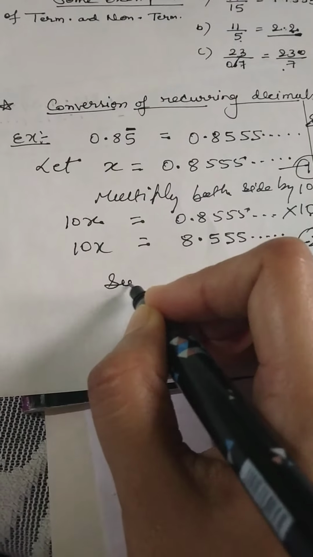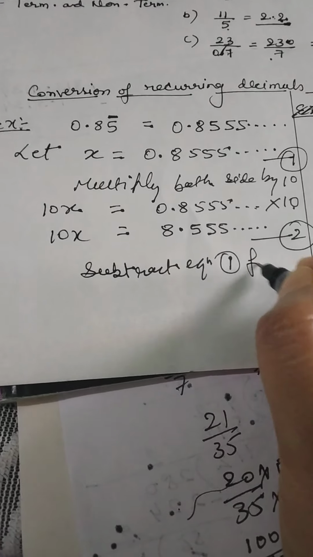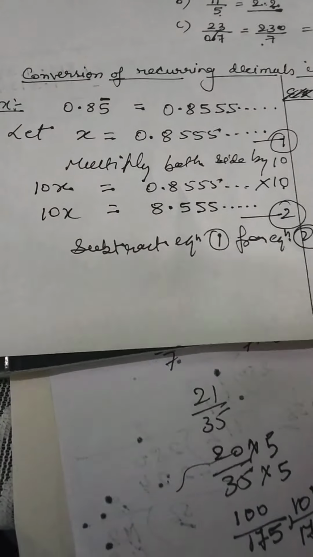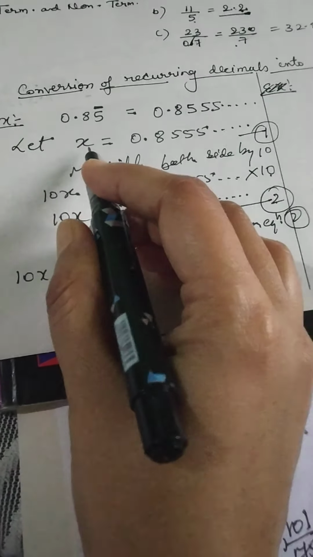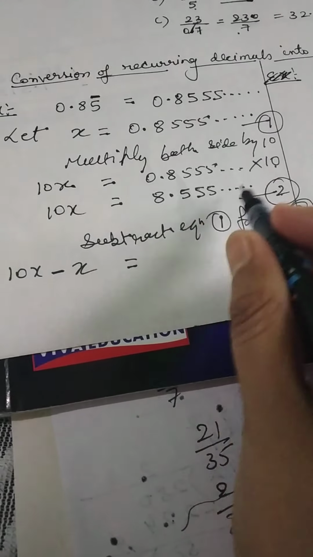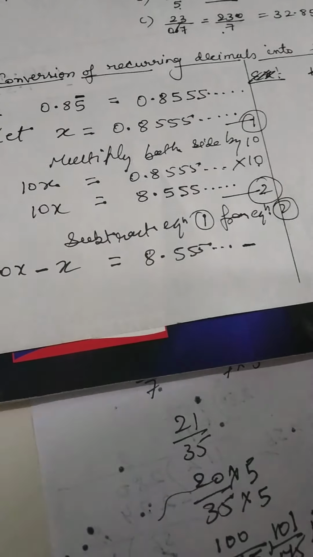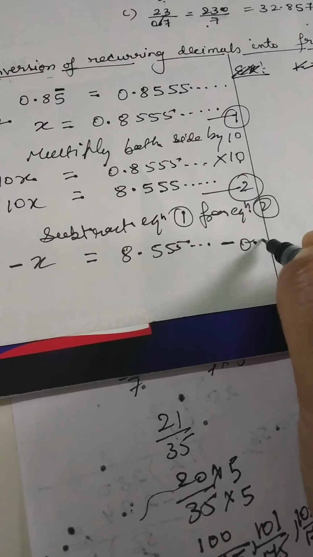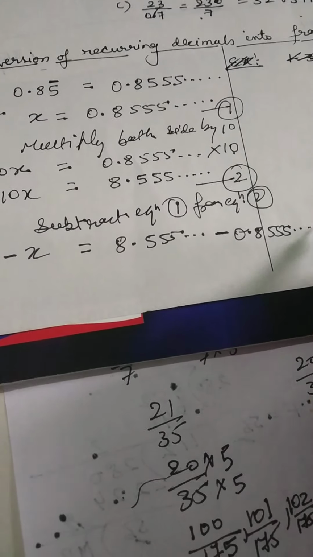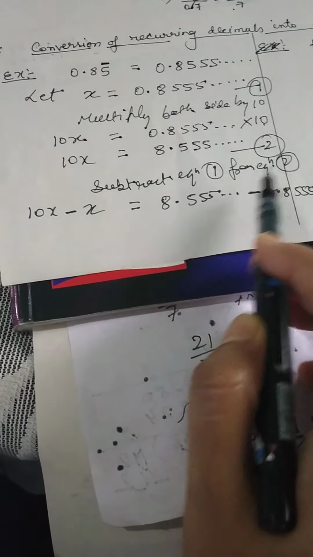Next step, subtract equation 1 from equation 2. Means we have to subtract 1 from 2. So on both sides, 10x minus x on the left hand side is equal to, on the right hand side, 8.555 dot dot dot minus 0.8555 dot dot dot. We subtracted equation 1 from equation 2.